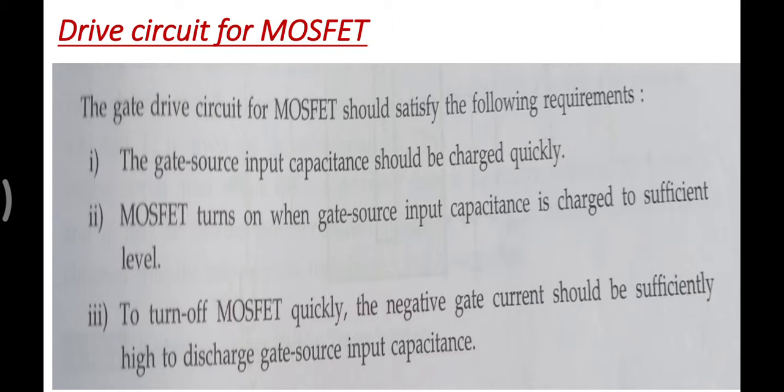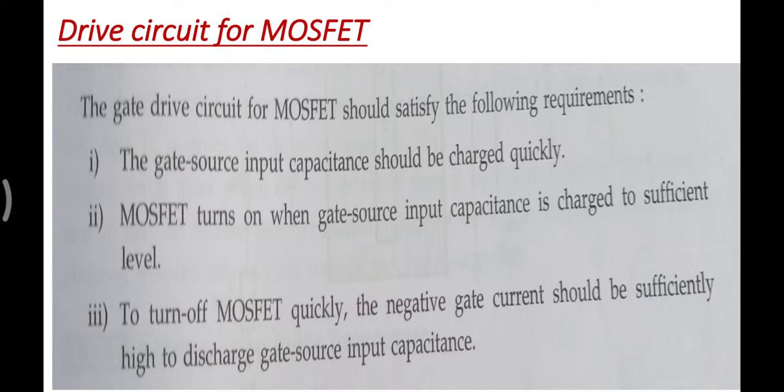Next, the third one: to turn off the MOSFET quickly, the negative gate current should be sufficiently high to discharge the gate source input capacitance. Here we are again using the capacitor, and that capacitor has to produce the negative gate current.